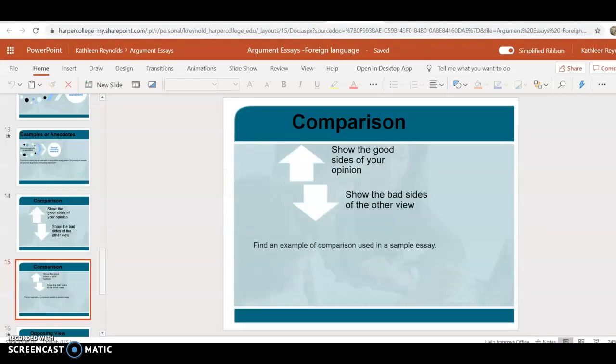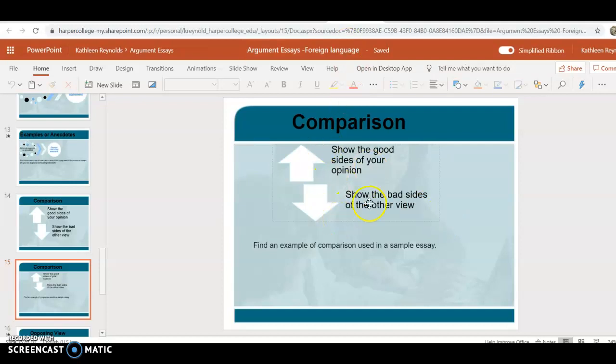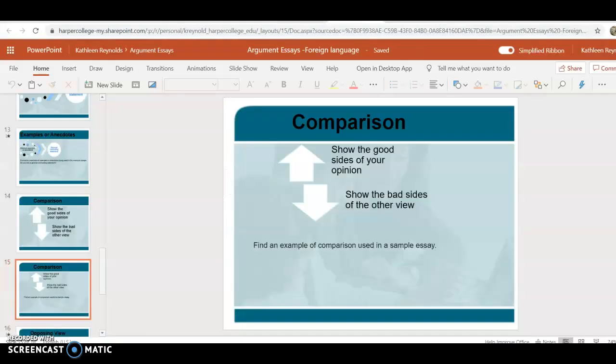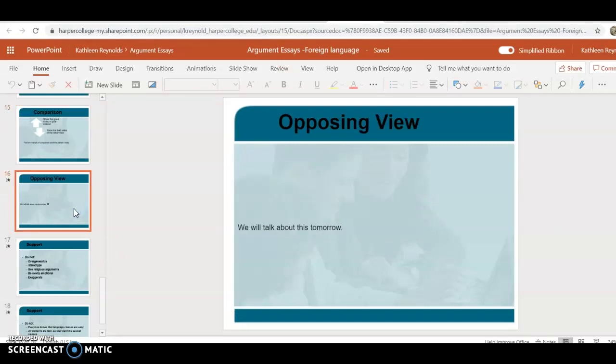So that's a great example of showing the good sides of our opinion, which is the second part of the paragraph, and the bad sides of the other view, which is the first part of the paragraph. This is in a different order, but it's actually ending with ours, which is a stronger ending, I think.